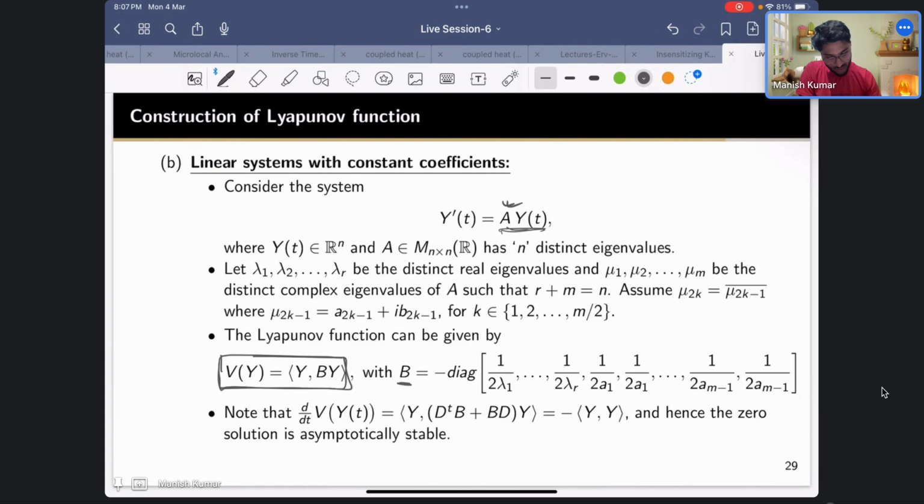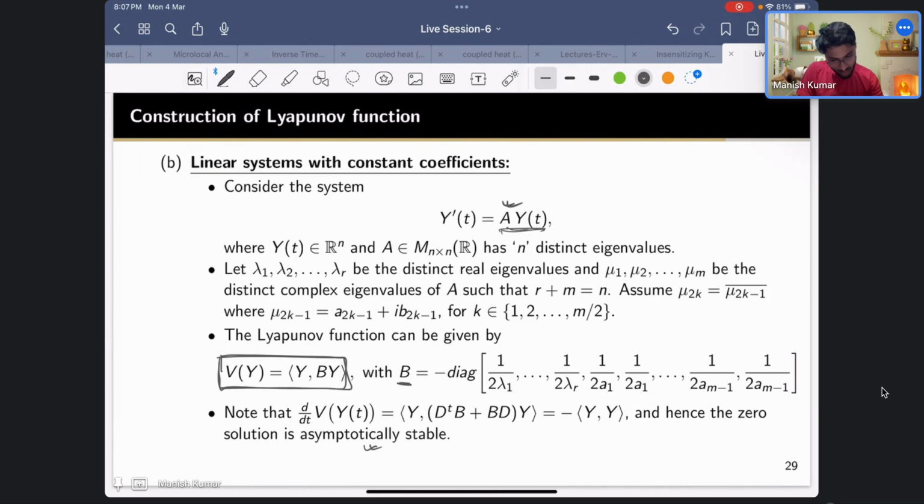Using this Lyapunov functional you can conclude that the system is asymptotically stable. So if a matrix A is given to you with distinct eigenvalues, then you can directly say that this is going to be asymptotically stable.